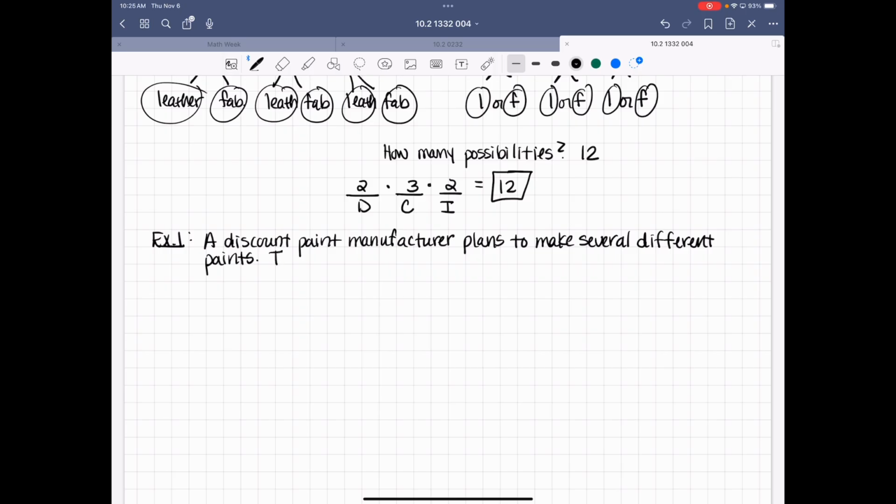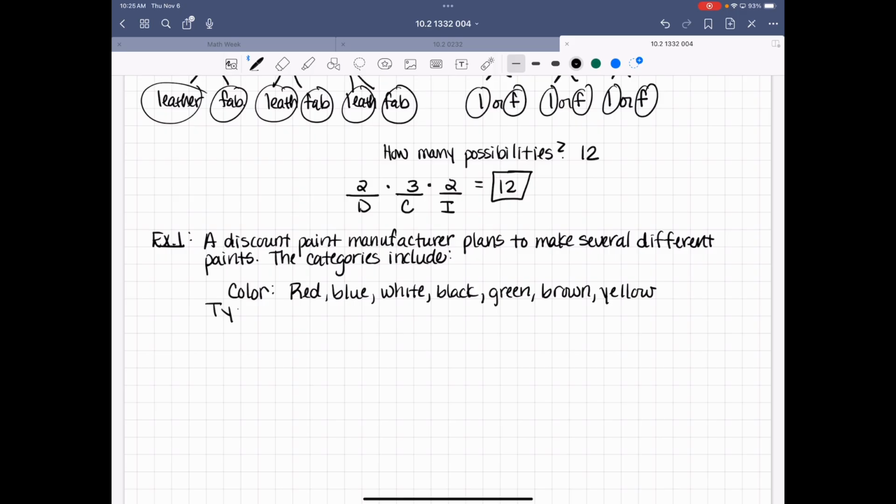The categories include color: red, blue, white, black, green, brown, yellow.